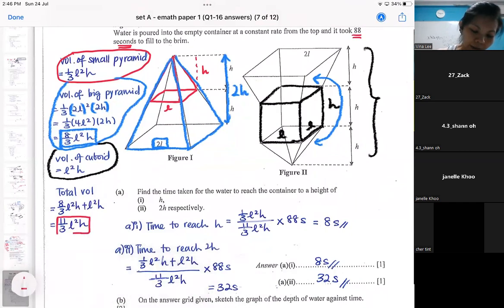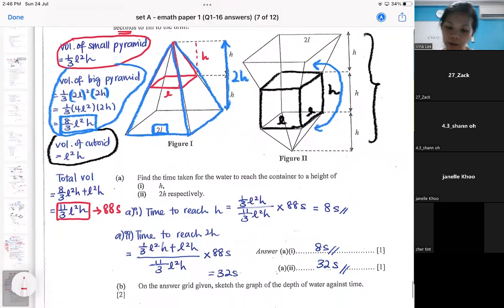So in a way, this is the one that takes 88 seconds. So the total volume is the one that takes 88 seconds. So how much time will it take to reach this height? So this is the volume I need to know. So this is the volume of the small pyramid.